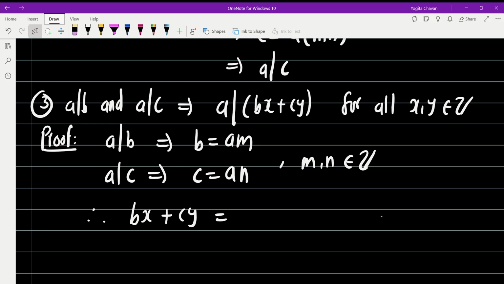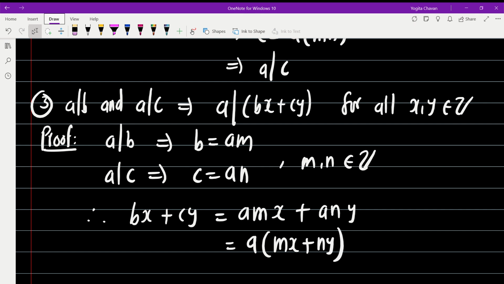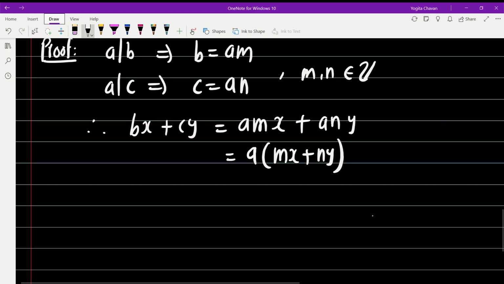Value of B is Am, Am into x plus value of C, it is An, An into y. So take A common. A in bracket mx plus ny. So Bx plus Cy is equal to A into mx plus ny.